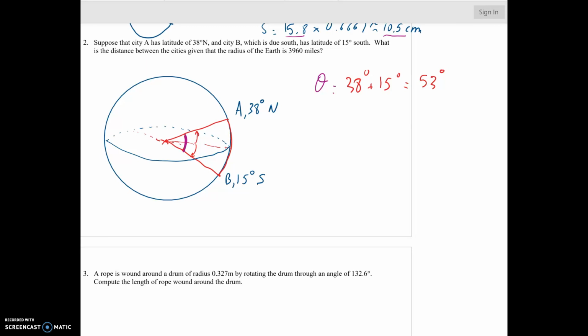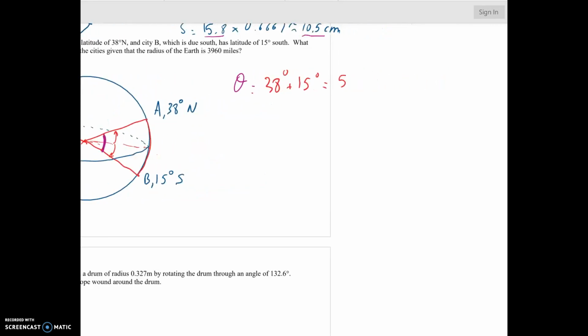Now I know I will have to convert that value, so if I'm converting 53 degrees into radians, that is going to be 53 multiplied by pi divided by 180, or it could be multiplied by 2 pi divided by 360. I'm not going to calculate this value.